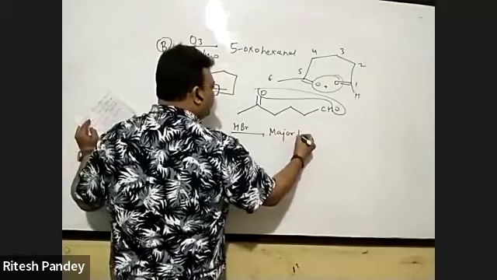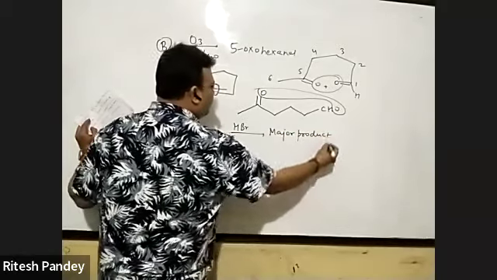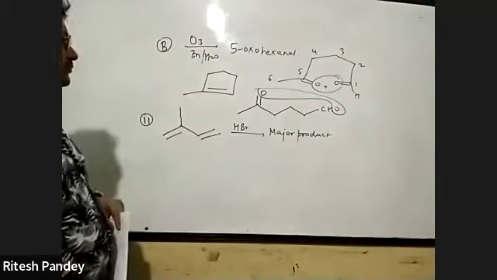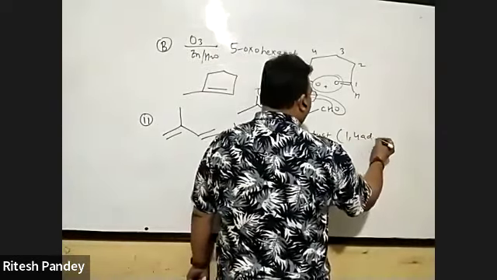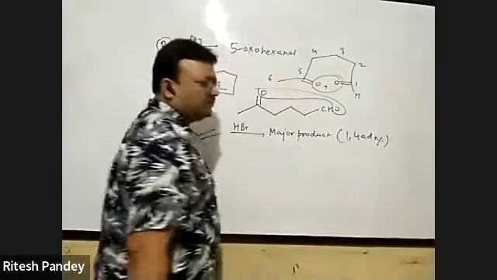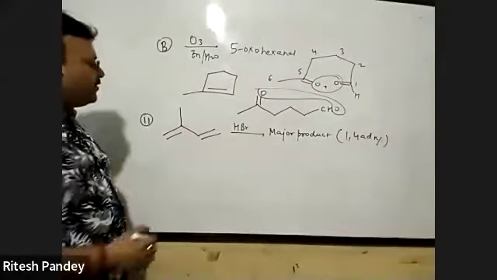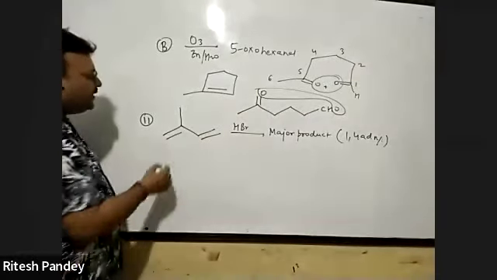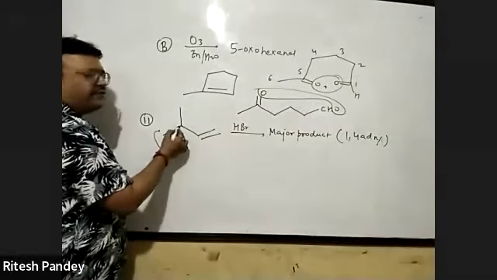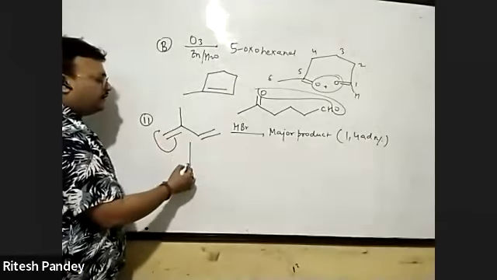With HBr, the major product, and you know the major product in a conjugated diene is always the 1,4 addition product. Yes or no? My gut feeling is I could have started with this pi bond or this pi bond, but I would start with this pi bond because it will generate a more stable carbocation.